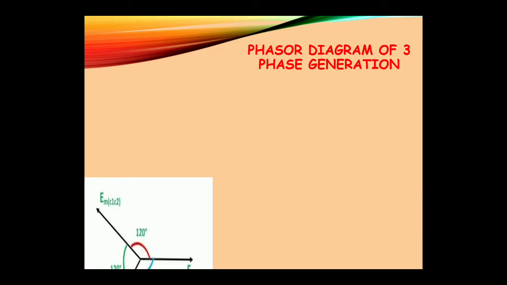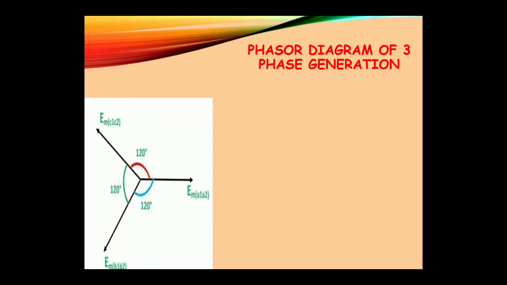Now the phasor diagram of a three phase system. If we analyze the three phase system by a vector diagram or phasor diagram, we can see that these three are the peak values of the three voltages or the induced EMF in each of the coils.